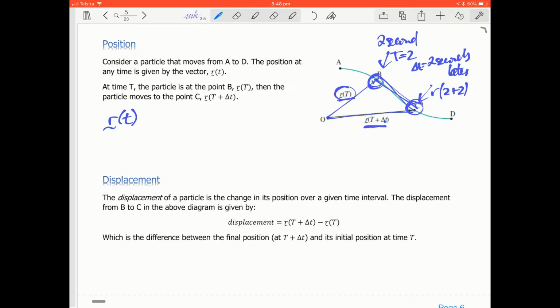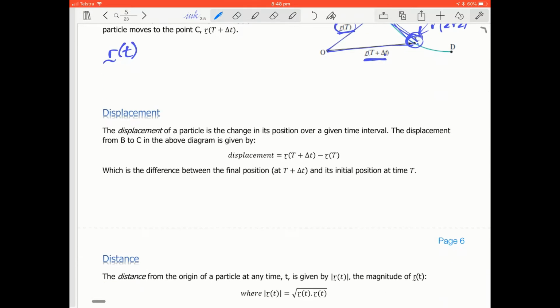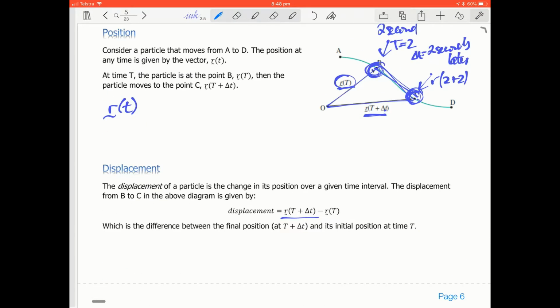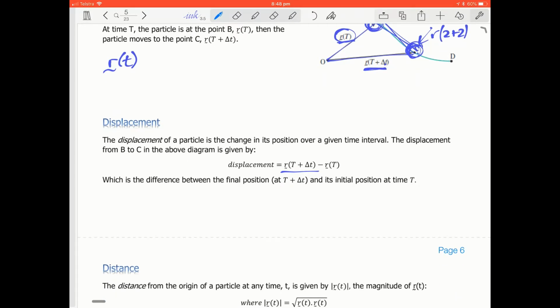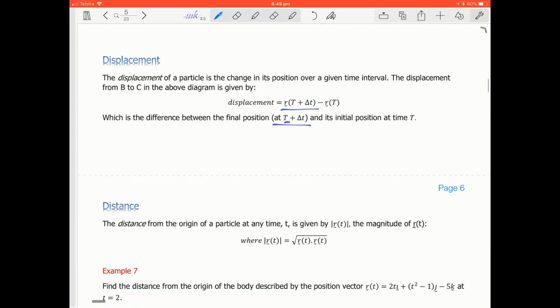So in this case, from B to C, if we want to work out displacement, it's our final position minus our initial position, which is the difference between the final position, T plus our change in time, so if it's been another 2 seconds, and its initial position, which is r of t.